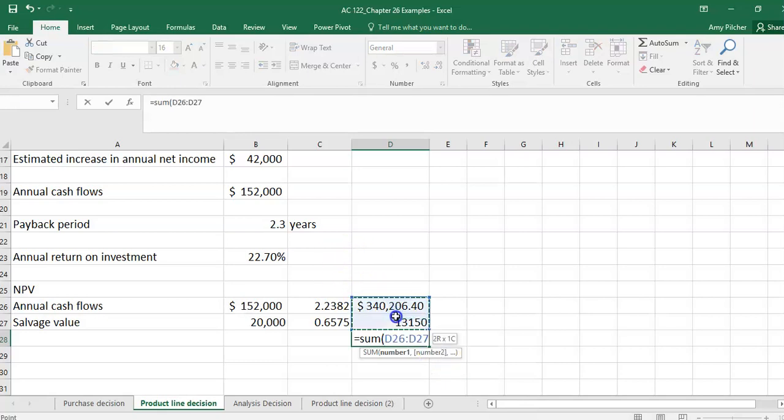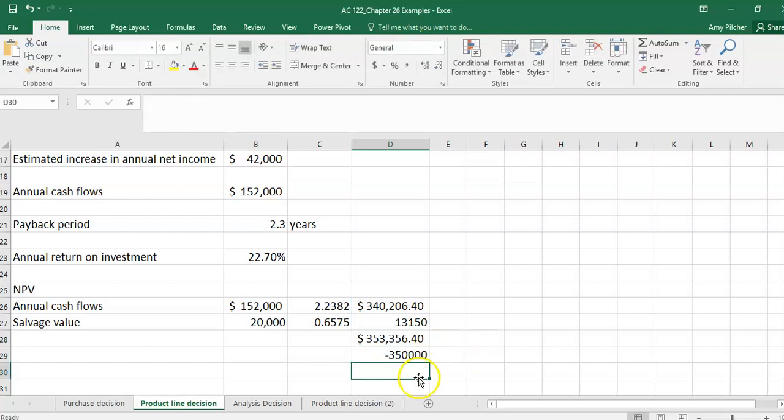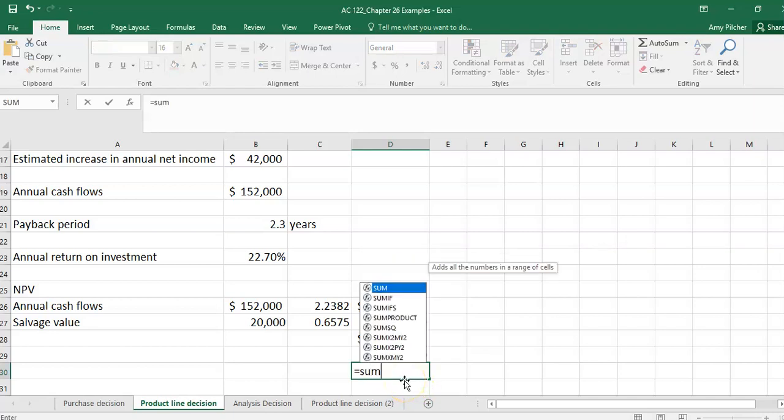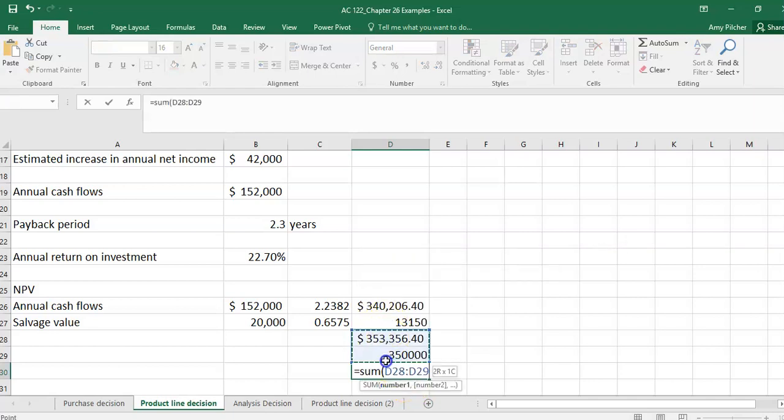We add those together, and then we subtract the initial cost, and that gives us our net present value.